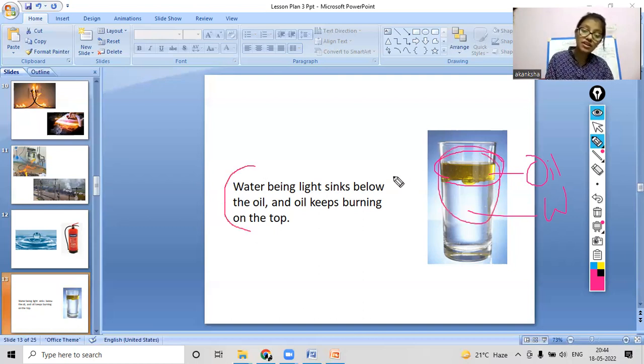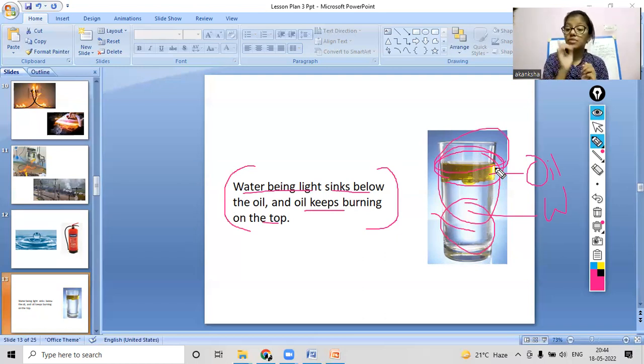With this part, you can get your answer. Because water being heavy, it sinks down. As in this picture, you can see water is present below in this glass. And the oil keeps burning on the top. Because oil is present on the top, it will keep burning. So this way the fire will not extinguish, even if we put water into it.